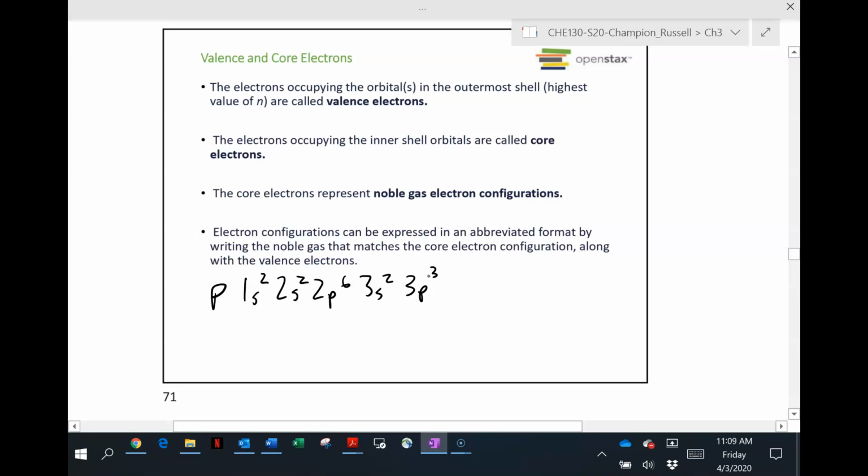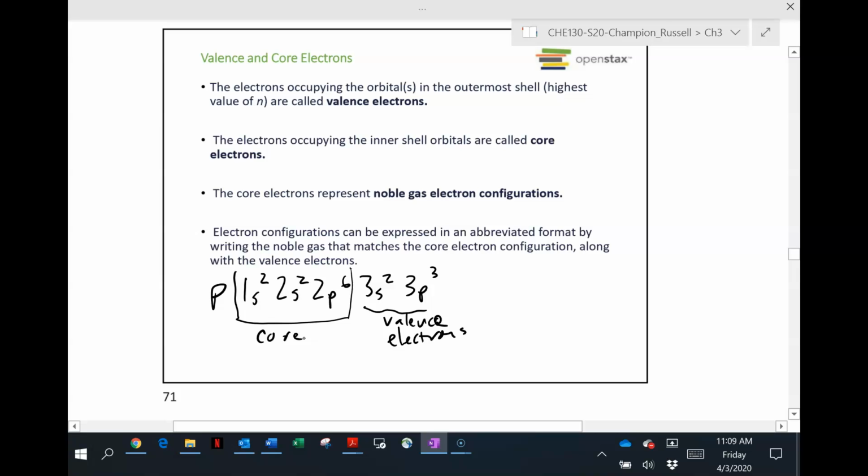When we say the core electrons, we're going to identify the ones that are not in the highest value of n. So these out here with the highest value of n are the valence electrons, and these are the core electrons.